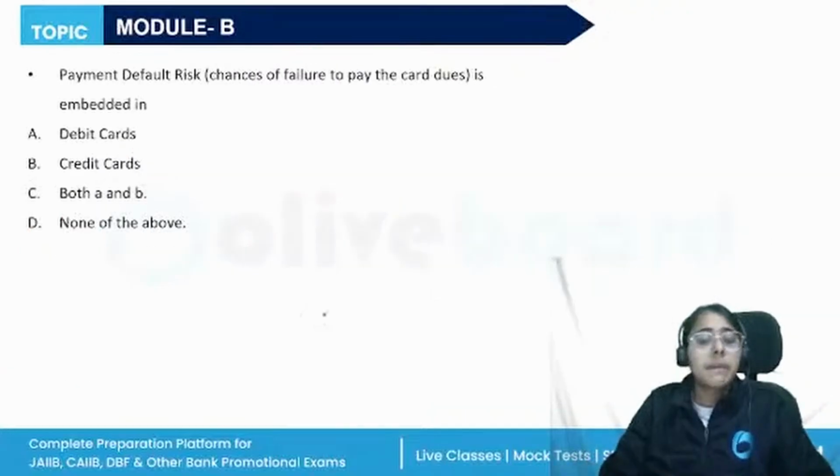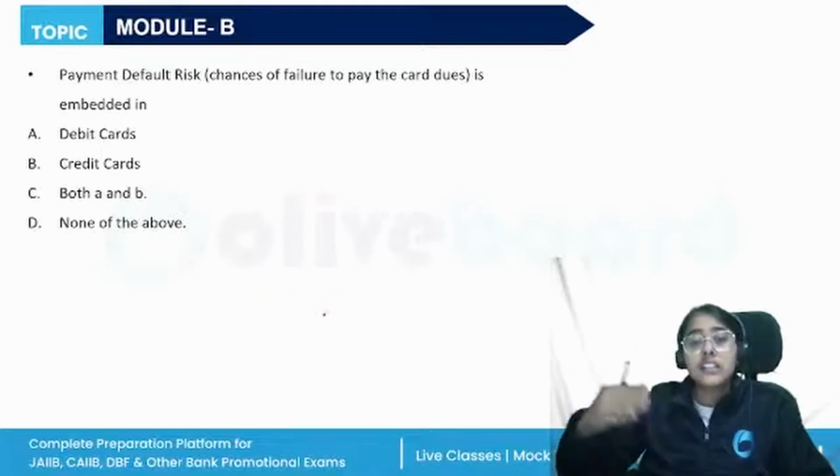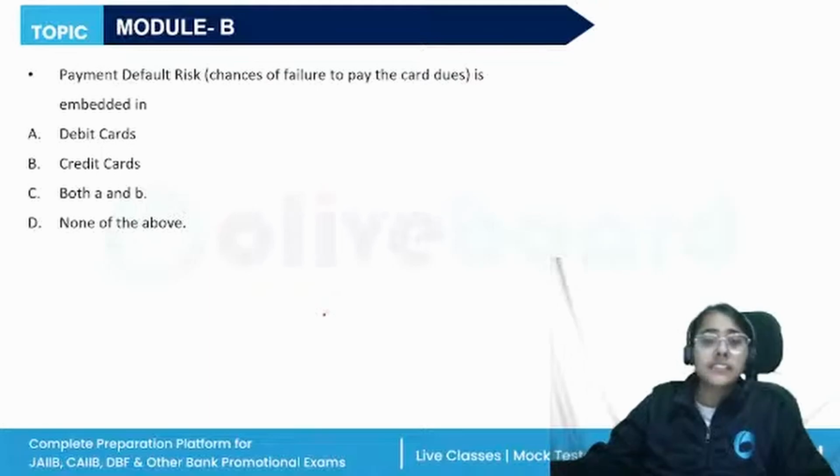Next, payment default risk is embedded in which type of card? There's a chance of failure to pay the card dues. It is not there in the debit card because immediately the amount is debited from the account. But in the credit card, what is happening? The charges are created, and at the end of the credit cycle, the customer will make the payment along with any interest.